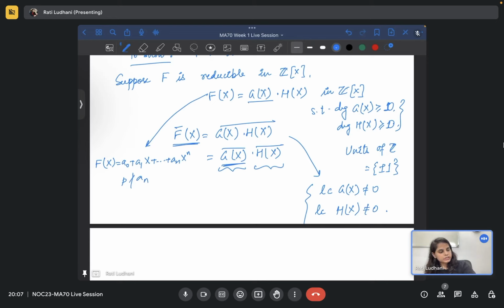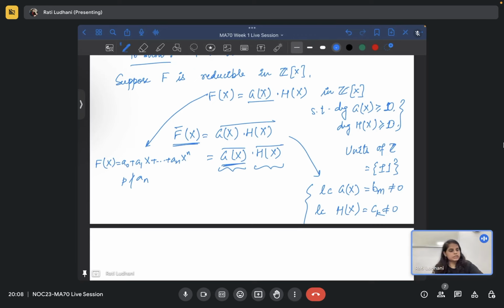So you take the leading coefficients, let's say b_m and c_k, because the degrees might not be the same. So let's say these are the leading coefficients. What does this mean? You are multiplying and getting some degrees, right?